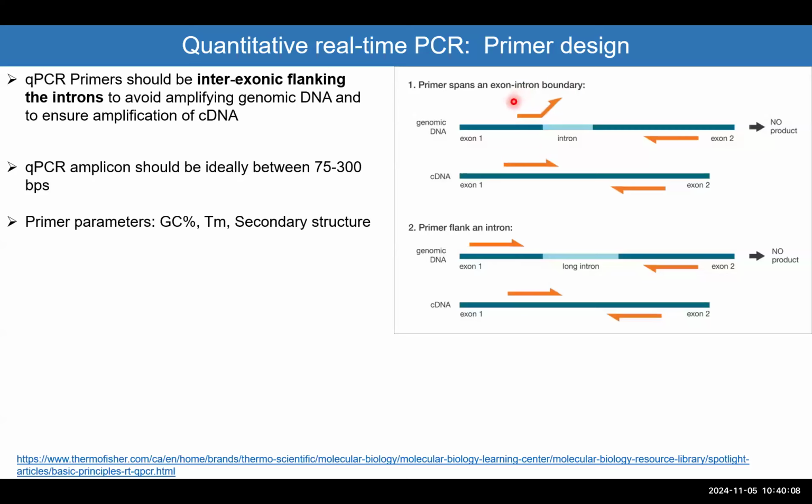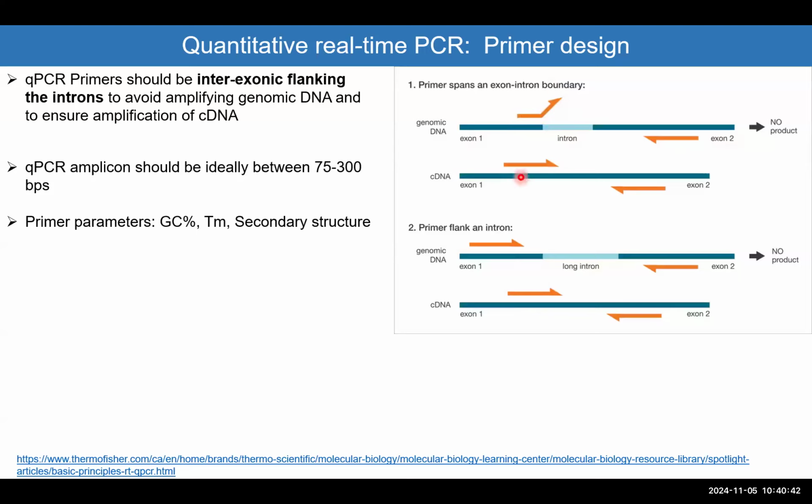And we don't include any primer in the junction between the exons and introns, or in the boundaries. Because if you look here, you have a genomic DNA. It has exon 1, intron, and exon 2. So if I'm designing a primer where the primer is binding to part of the exon and part of the intron, during the splicing, you're going to lose the intron, and this primer is not going to be efficient.